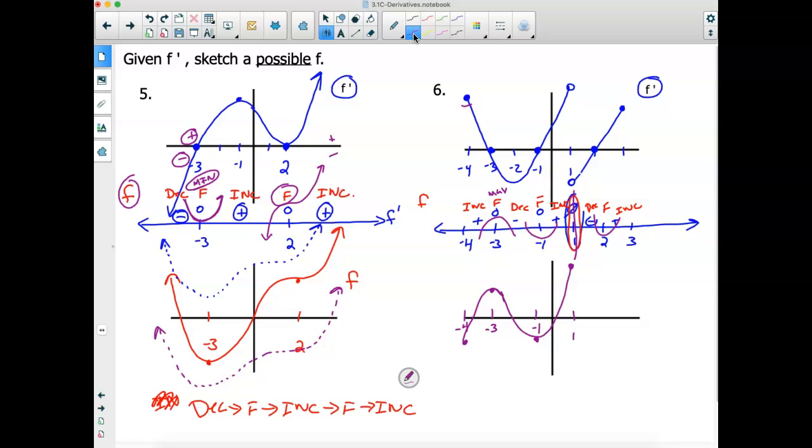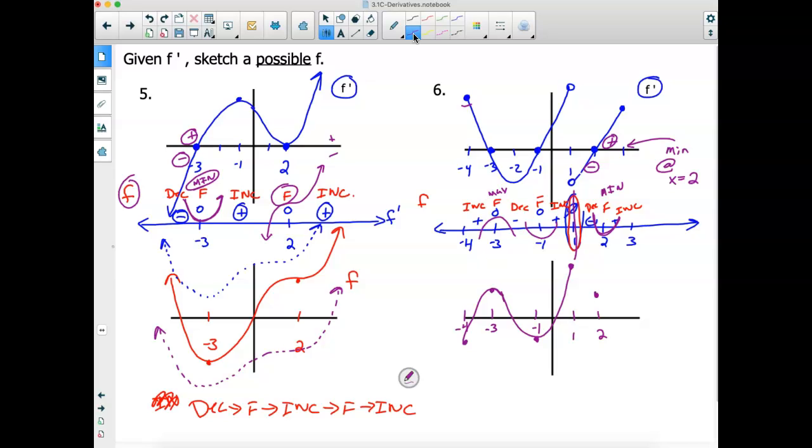And then from here at 2, I have a flat. Well, I decreased and then increased. Doesn't that mean minimum? A change in my derivative from negative to positive means a minimum at x equals 2. Okay, so somewhere I'm going to have a minimum.